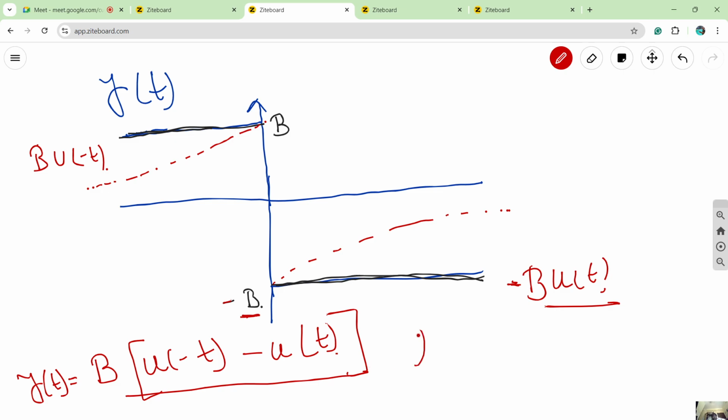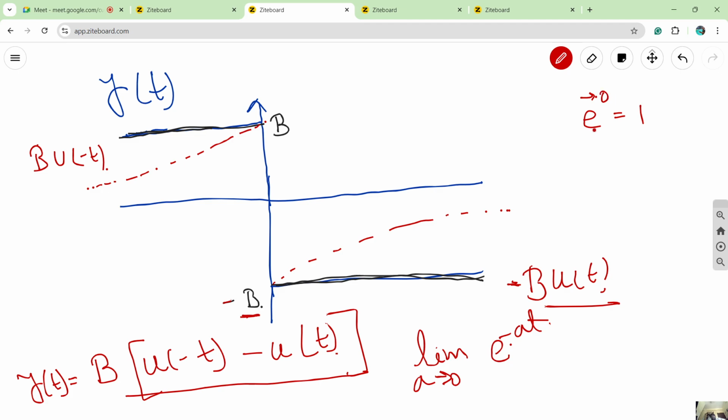And now if we calculate the limit a tends to 0 of e to the power minus at, what will it be? If a tends to 0, all the values will be nearly 1.